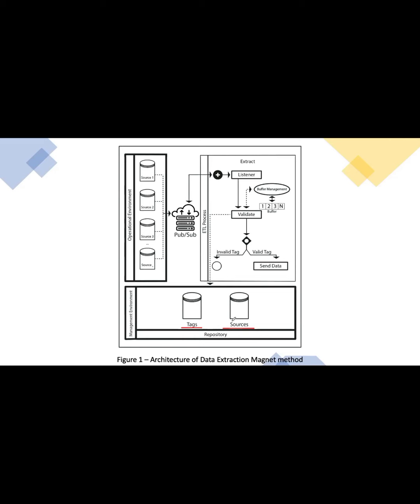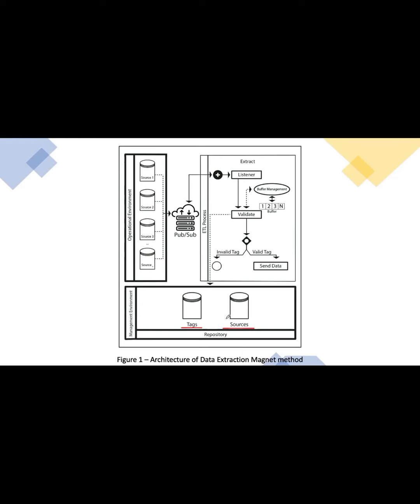For example, a relational database in the operational environment has a table named, for example, student, and inside this table, a field named name. This data of interest, name, can be assigned a tag, for example, student.